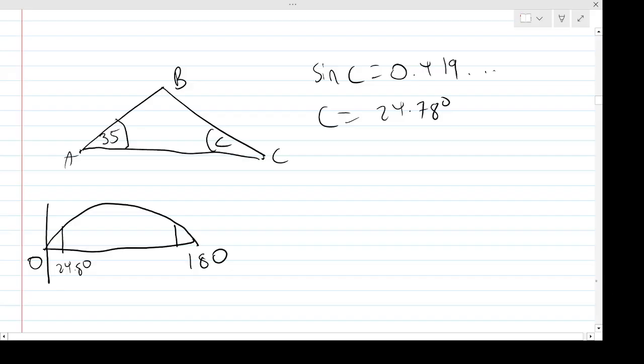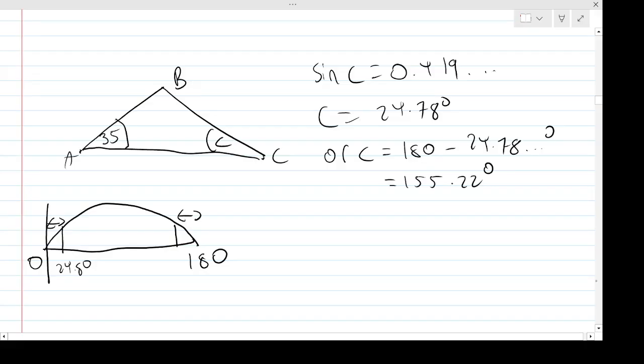Well, again, the gap at either end and the solutions are the same, which means the other solution would be 180 take away that angle. If we work that out in the calculator, I get 155.22 degrees.